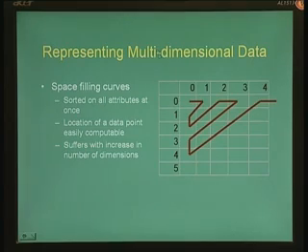So it is quite simple to calculate the position of a data element whenever a space filling curve is used. The first data element 0, 0 is here, and 0, 1 is the second data element, 1, 0 is the third, 2, 0 is the fourth, and so on. So it is very easy to compute the location of a data point.